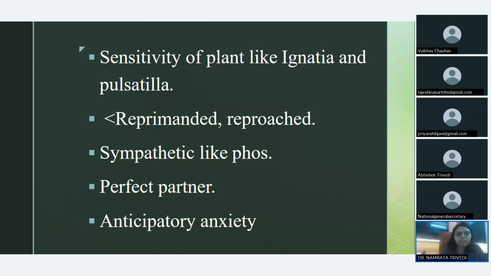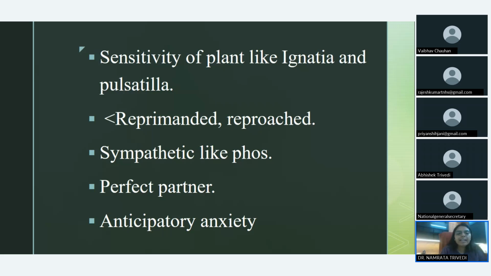Everything is done for others' happiness. He wants to make his parents happy all the time. Inner emotions are suppressed. He wants everything for others, not for himself.